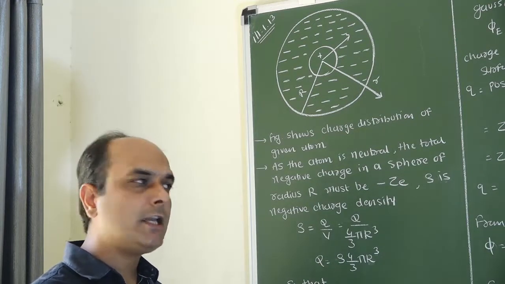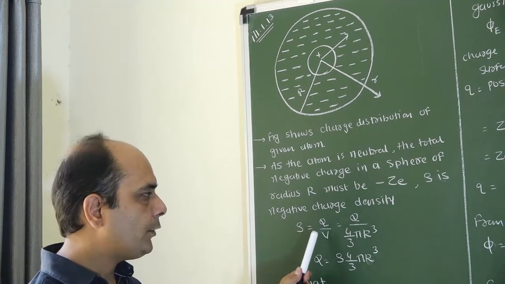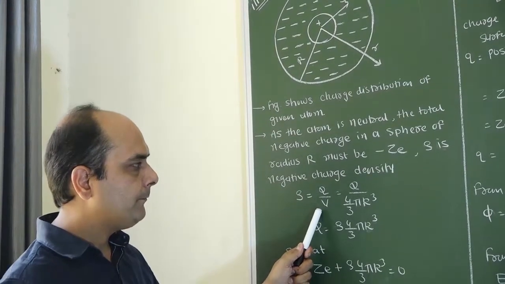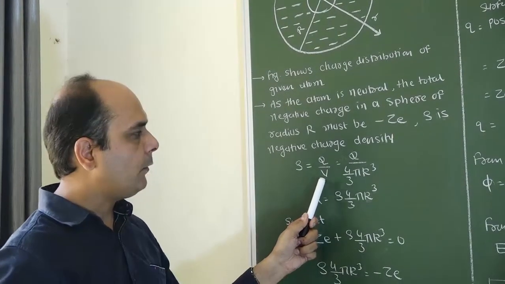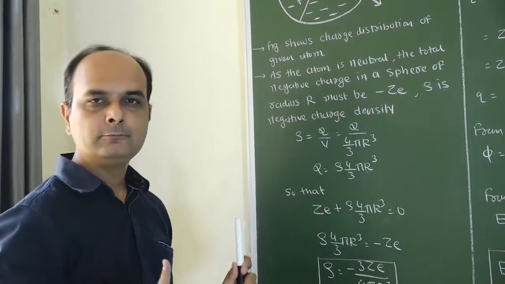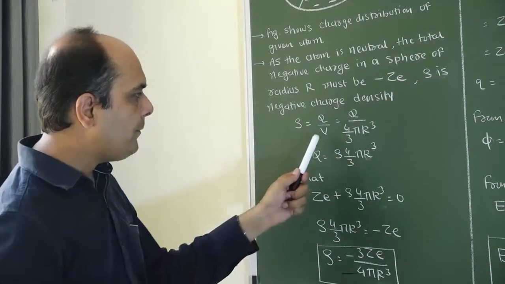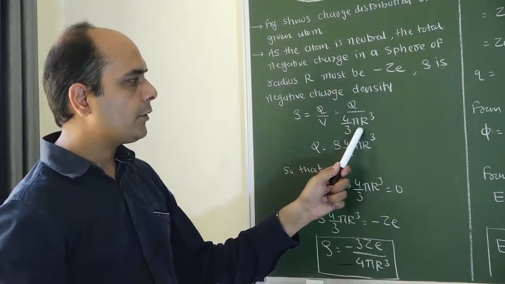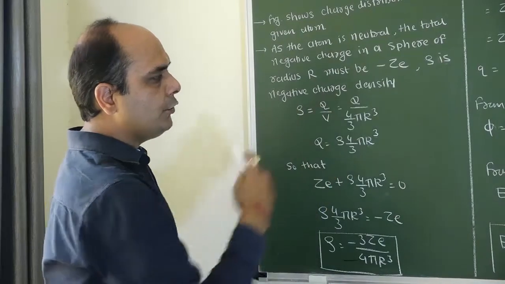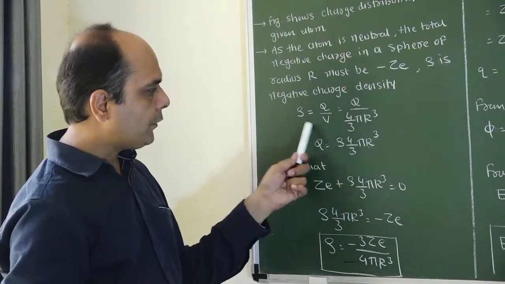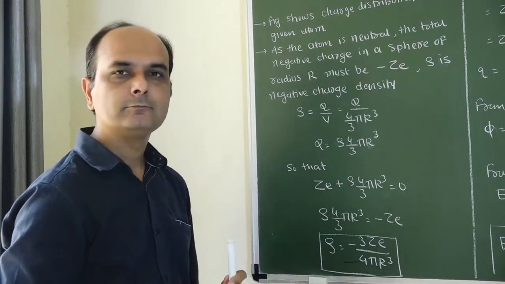So negative charge density rho is equal to charge per unit volume, Q by V, where the volume of the sphere is 4 by 3 pi R cube. Therefore, charge Q is equal to rho into 4 by 3 pi R cube.